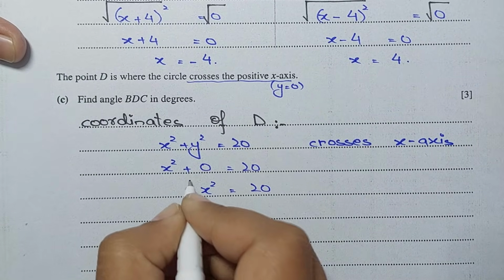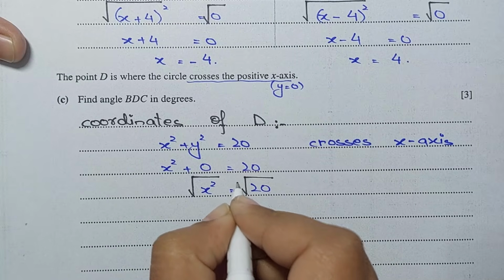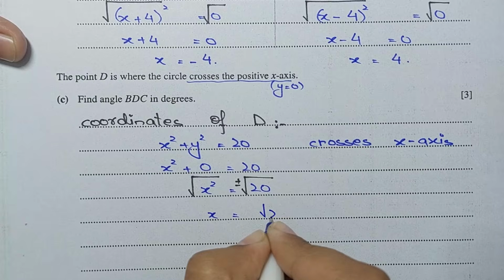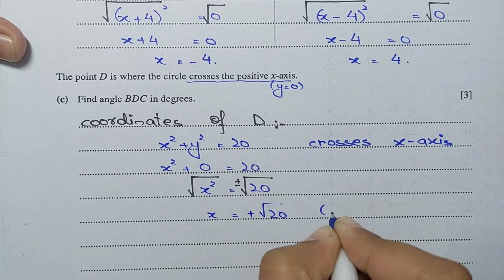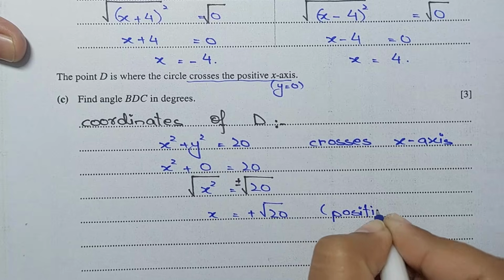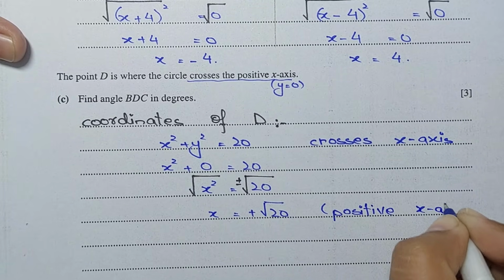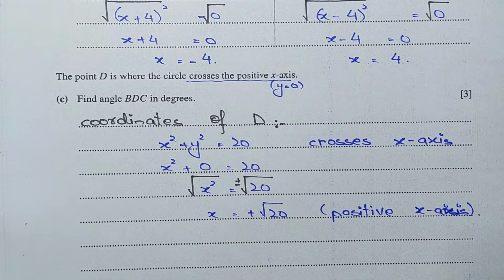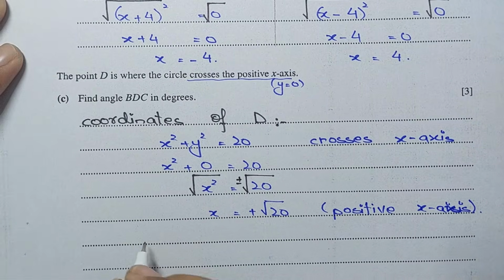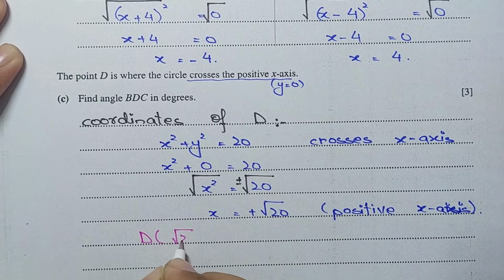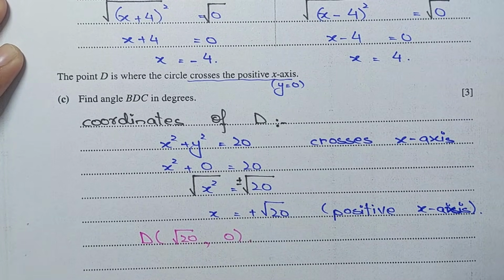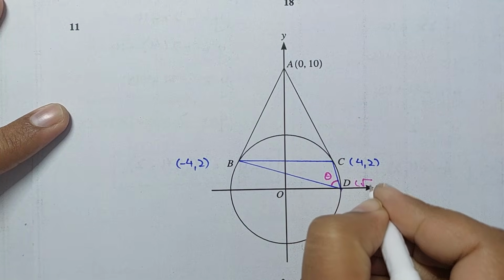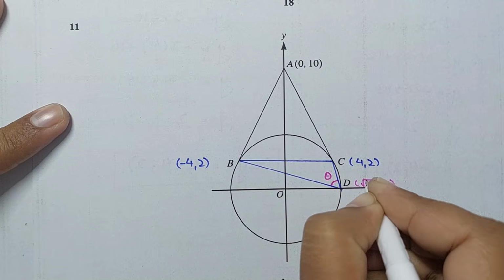Now what is x? X should be plus or minus root 20, but for the positive x-axis we take positive root 20. So the coordinates of D are x equals root 20 and y equals 0.